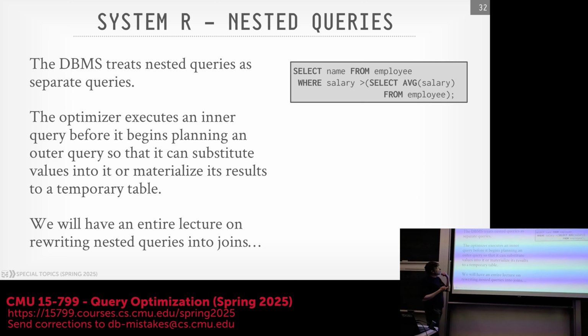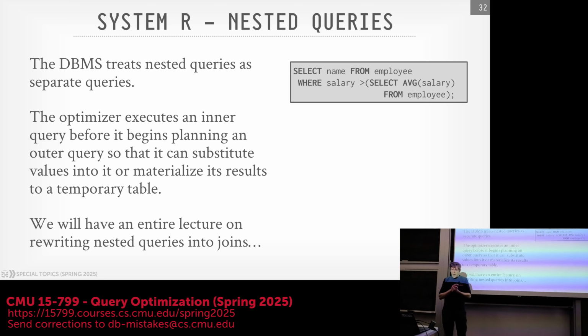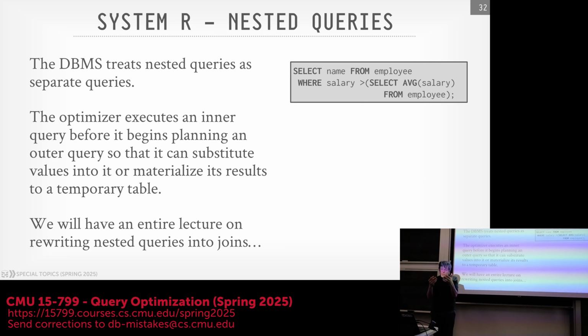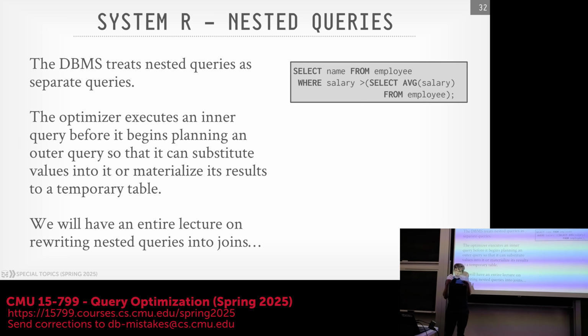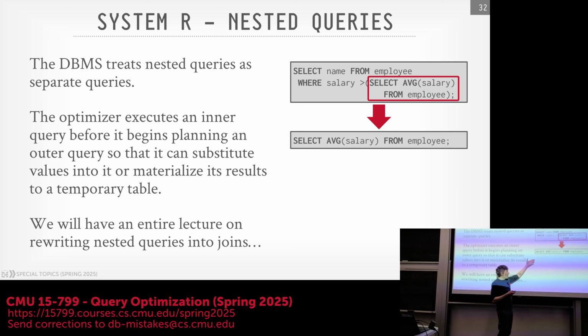But basically, they would treat the nested queries as all separate queries, like with a separate query block. And the system would then identify the dependency between the query blocks, where one query was being fed into another query. And then what they would do, they would extract out the nested query, run that through its optimizer, right? To do all the things, pick the access path. If it's doing a join, do the join selection as well. And actually literally just run this, right?